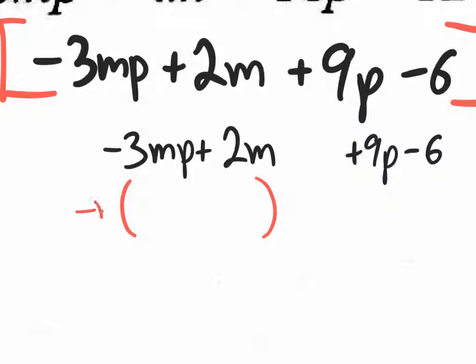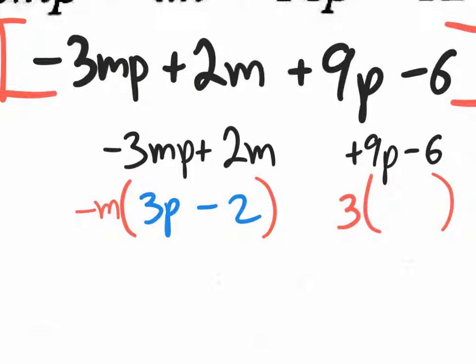So we're going to do negative m, and over here, what can we pull out? A 3. Okay, so if I do pull out a negative m from these two groups, what will I have left over right here? In other words, negative m times what gets us a negative 3mp? A 3p. And then yes, minus 2. And then over here, if I pull out the 3 from both, what's going to be left?